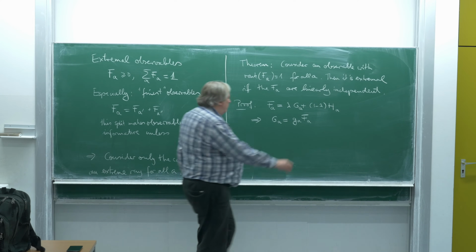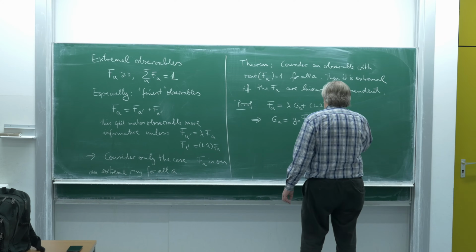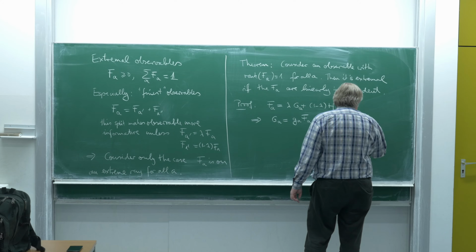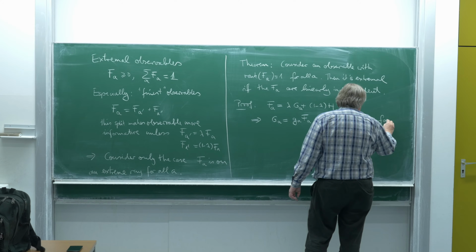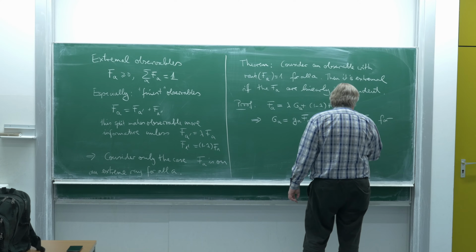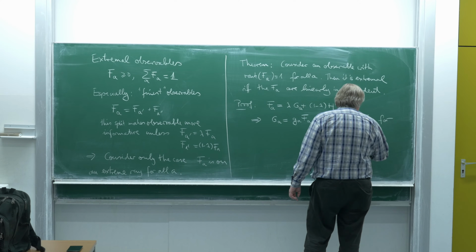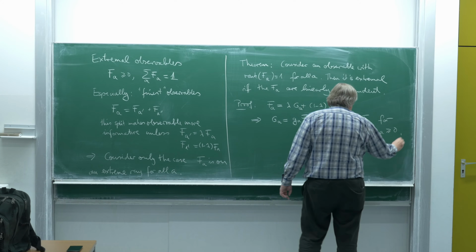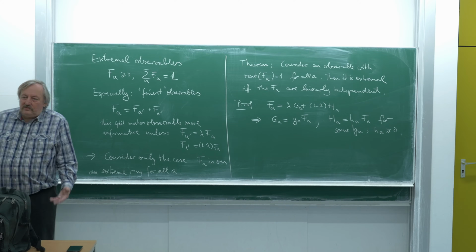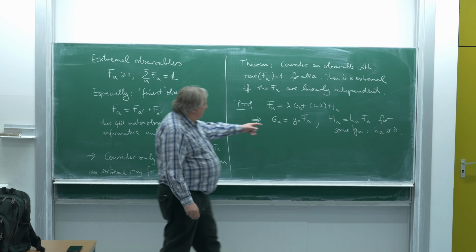And similarly, HA would be some multiple of FA, for some GA, HA which is positive. Right? So this is the extremality that just kicks in here.